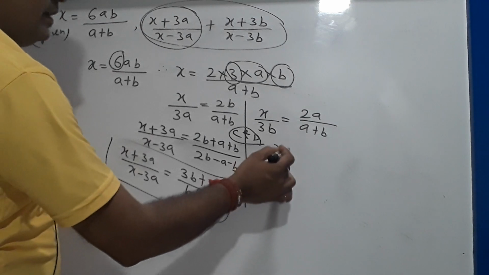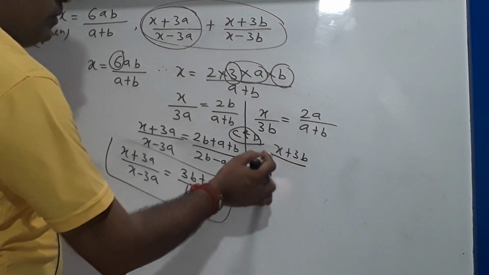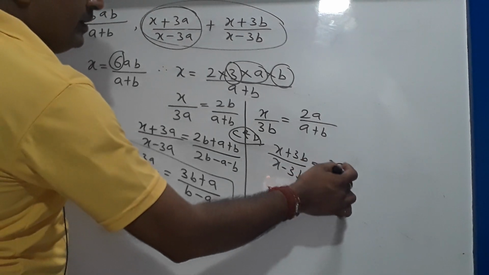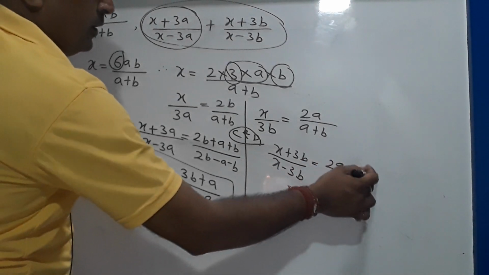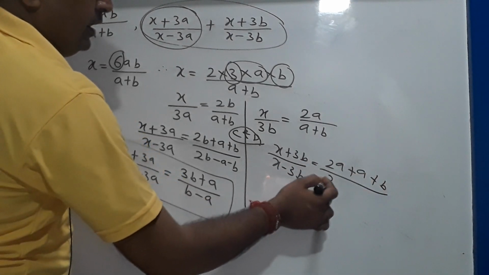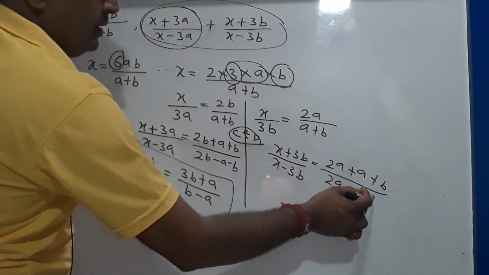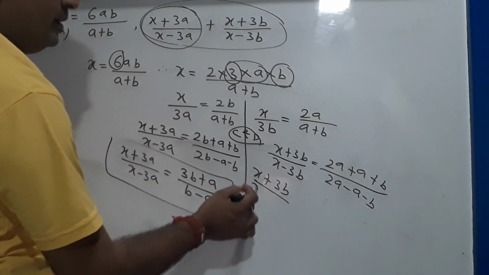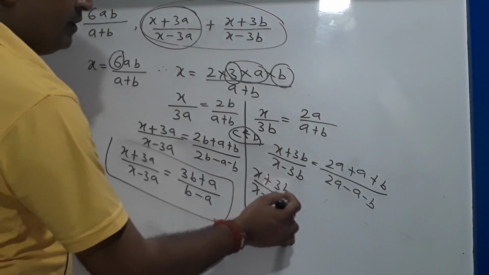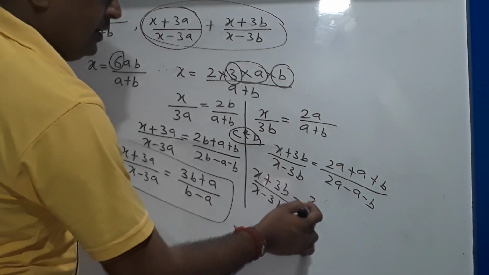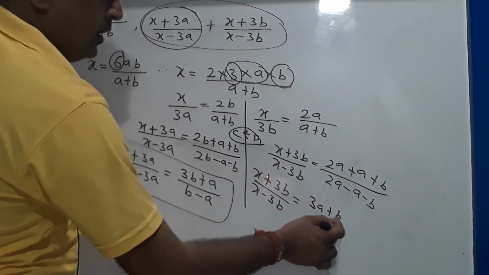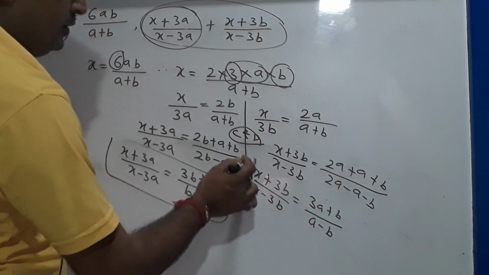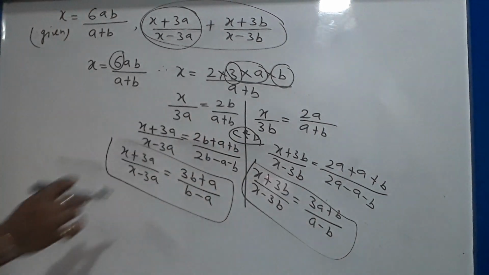So x plus 3b upon x minus 3b is equal to 2a plus a plus b upon 2a minus a minus b. So x plus 3b upon x minus 3b is equal to 2a plus a, 3a plus b upon 2a minus a minus b. This is the value of this.